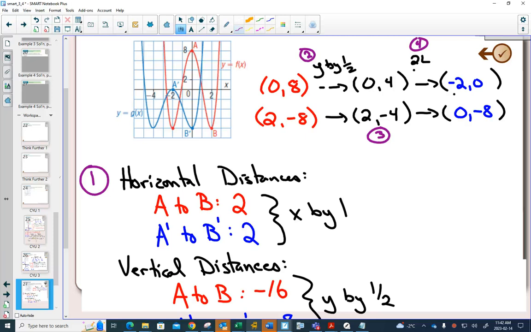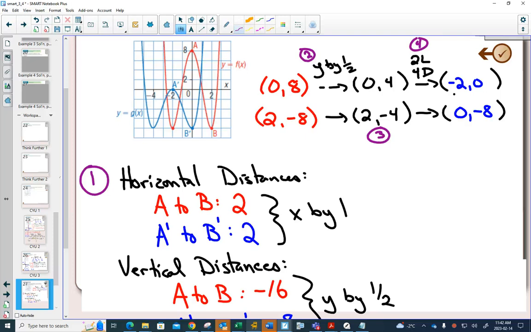Yes, that has to be 4 down. So we had to do step 1 in order to figure out what our stretches and compressions were. We could then label it above our first arrow, and once that was labeled, then it was easy to find the points, and then finally the translations were easy after that.